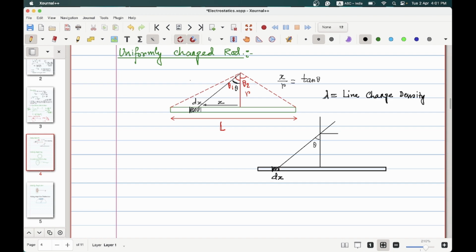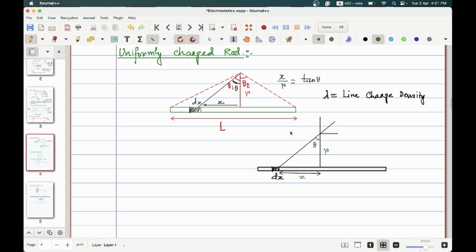This is dx. This is x, and this one is r.